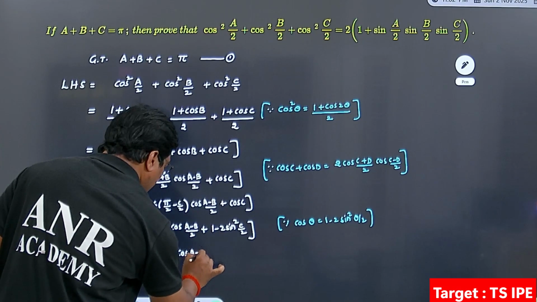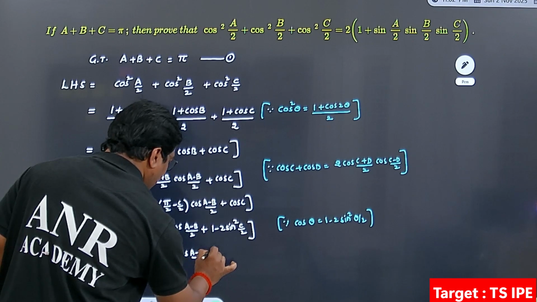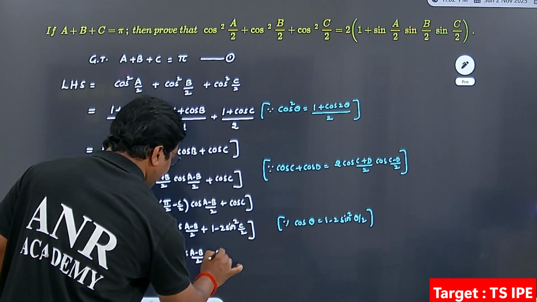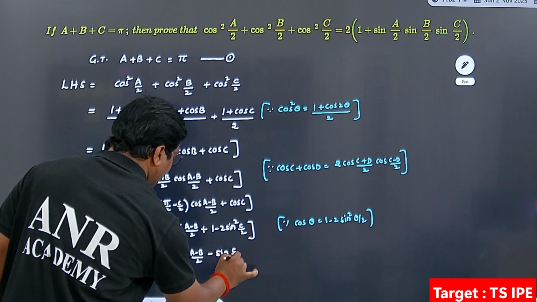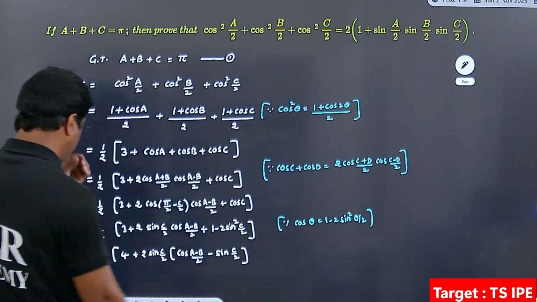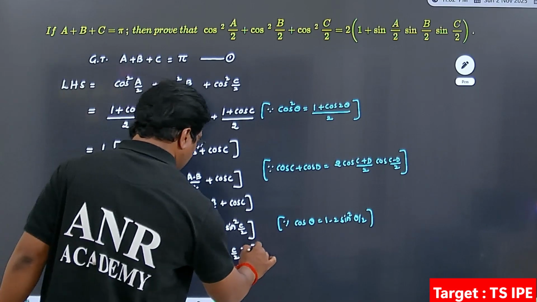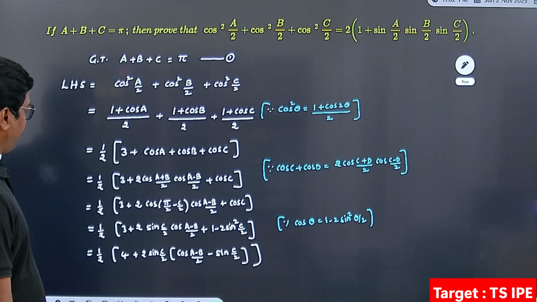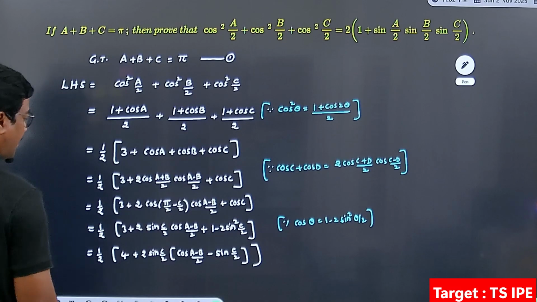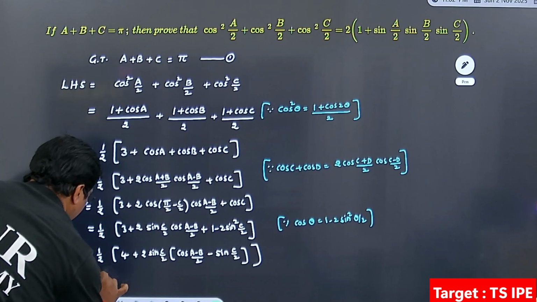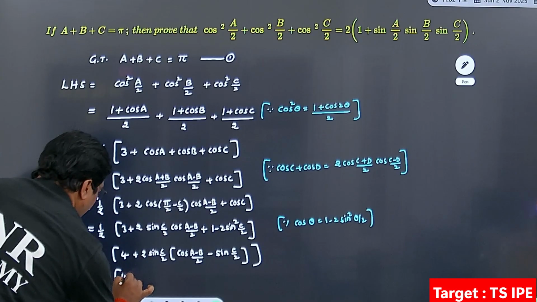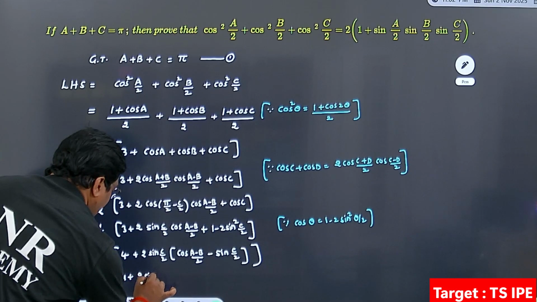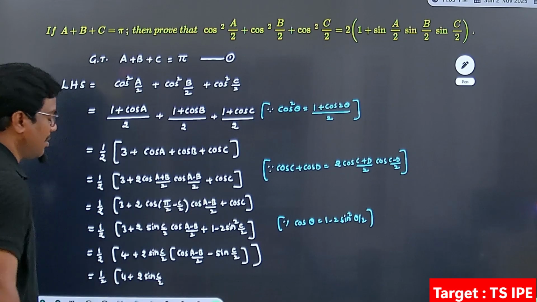Cos of (A minus B) divided by 2, next minus sin of C by 2. Bracket close. Yes. In the next step I can write 1 by 2 of 4 plus 2 sin C by 2.